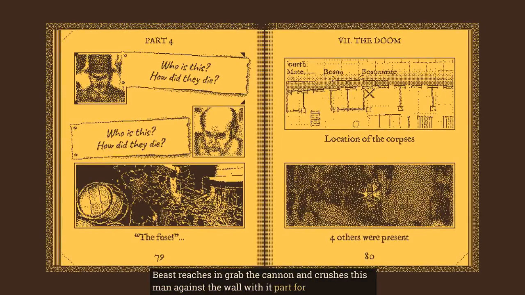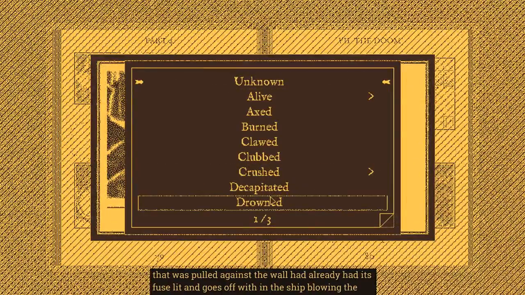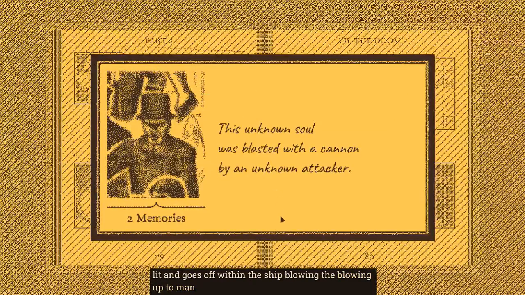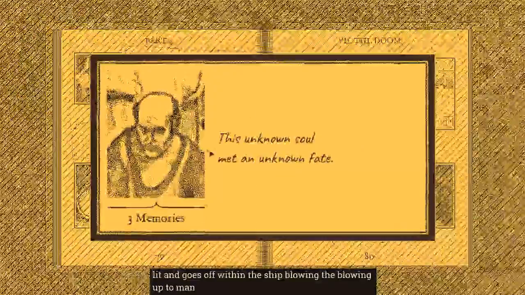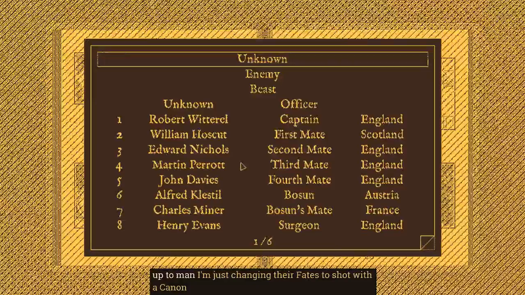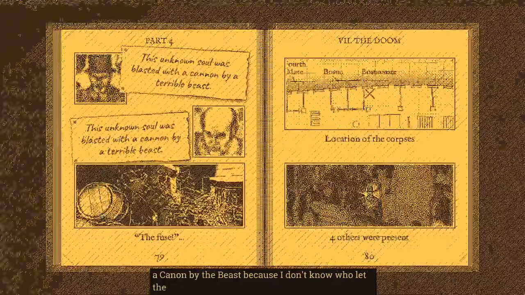Part 4, the cannon that was pulled against the wall had already had its fuse lit and goes off within the ship, blowing up 2 men. I'm just changing their fates to shot with a cannon by the beast, because I don't know who lit the fuse.